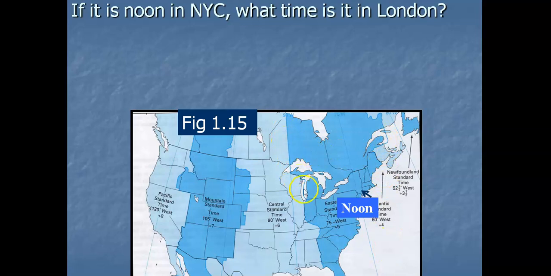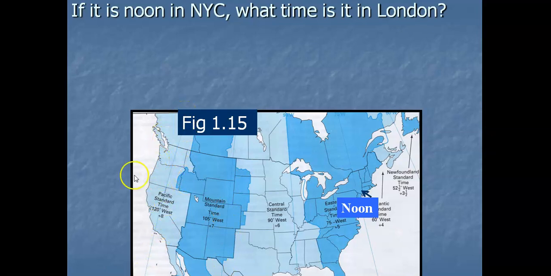Again, there's political considerations here, so there's deviation. And there's the 90 degrees for our Central time zone. And again, it's not perfect because of political considerations. And let's see, I don't know if we can see Denver. Yeah, right there. There's Denver, all right. It's 105, and there's the 120 center line for the Pacific, okay.